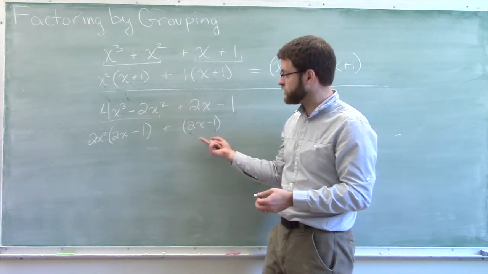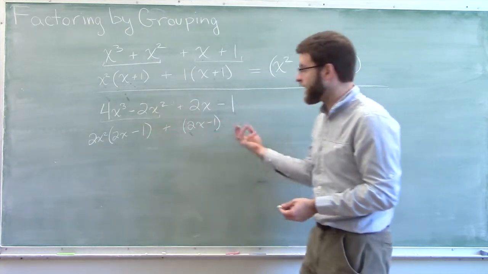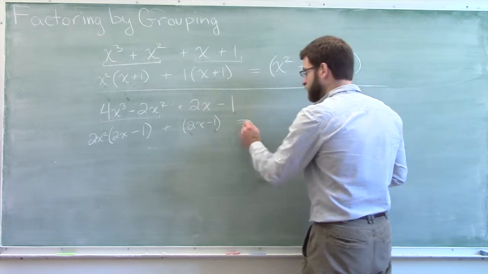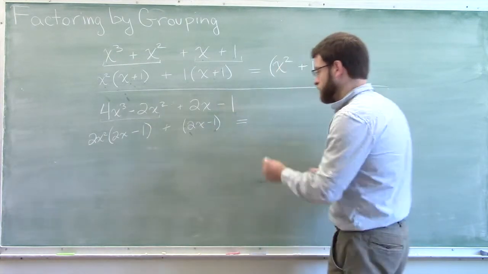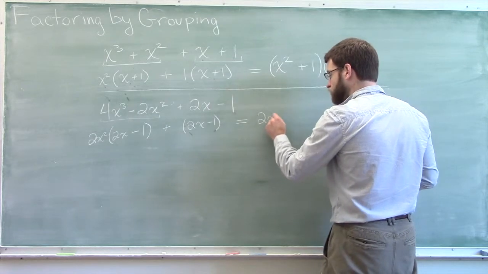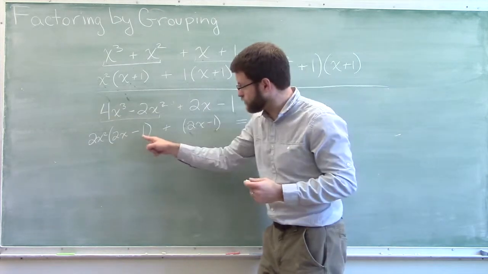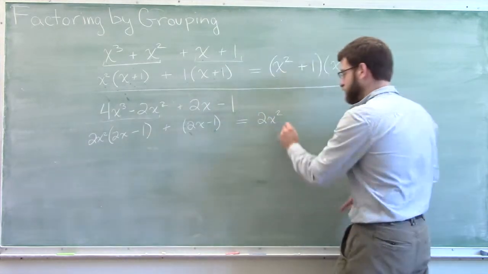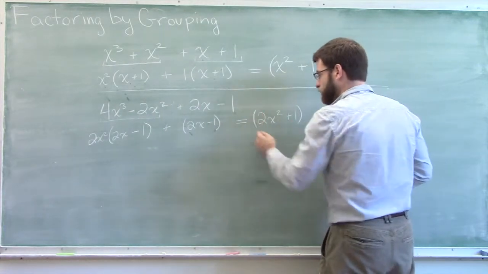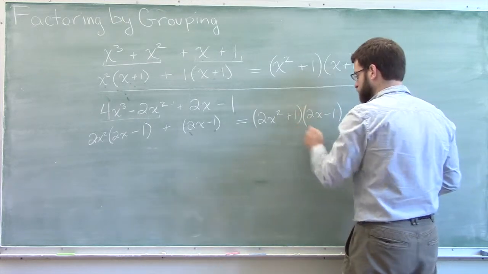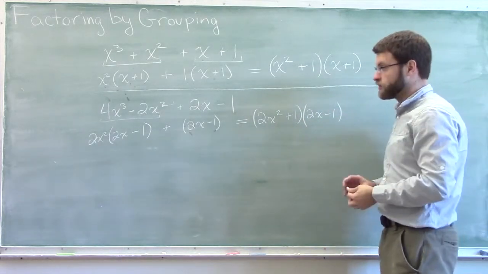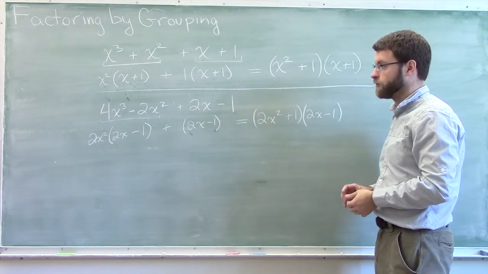So as soon as we see that, we can now factor that out and we'll complete the factoring by grouping process applied to this cubic. So we get 2x squared times 2x minus 1 plus 1 times 2x minus 1. And that completes the process again on this second example.